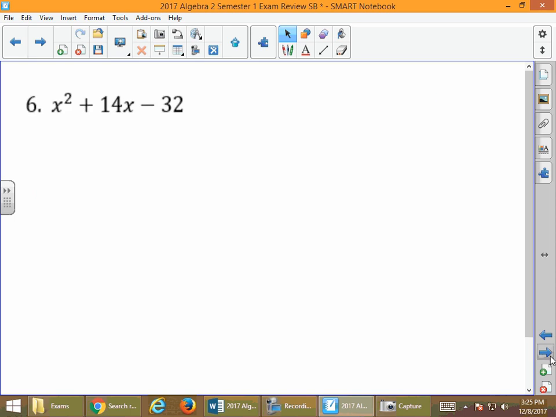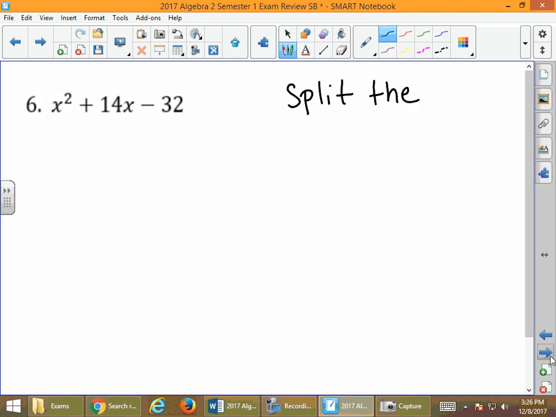Number 6. Once again, I'll point out that there's 3 terms in this problem. And we've actually seen one already with the 3 terms. And we're going to split the middle. Remember that the number in front of the x squared term is 1. We're going to take 1 times negative 32, which is 32.